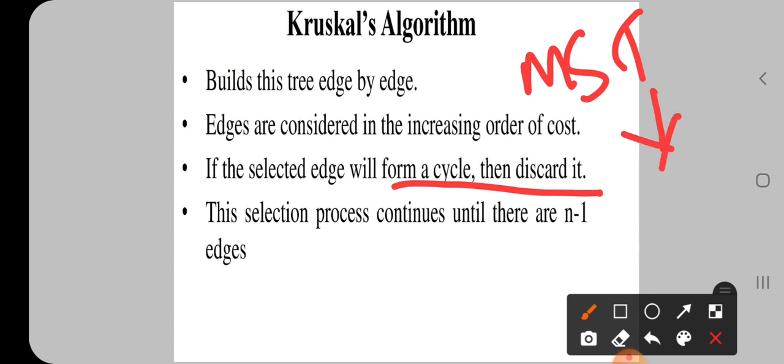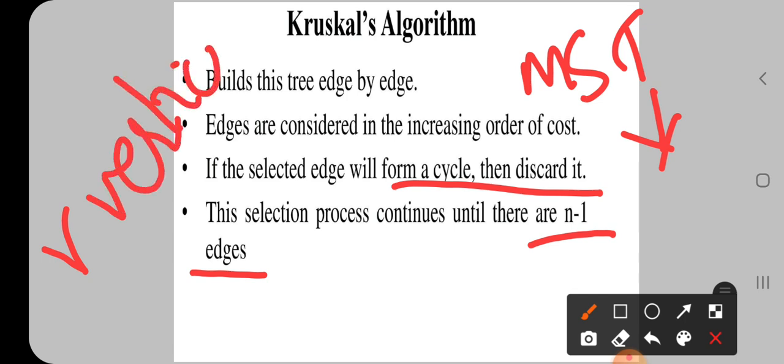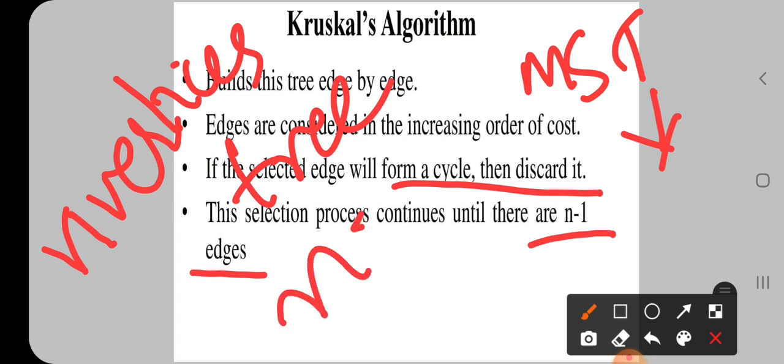So when we try to add an edge into that forest and it forms a cycle, we discard that edge. This selection process continues until there are n minus 1 edges. If there are n vertices, it forms a tree when it contains n minus 1 edges connecting those vertices.